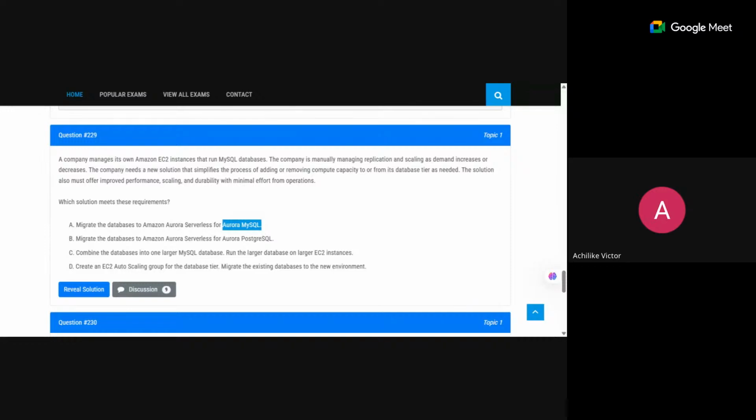Aurora permits SQL queries, but I don't know about Postgres. Maybe we should do a deep dive into this one. I think Postgres is just more advanced in some sense than MySQL, but let me finish reading the question so we can see which option makes the most sense and then analyze.